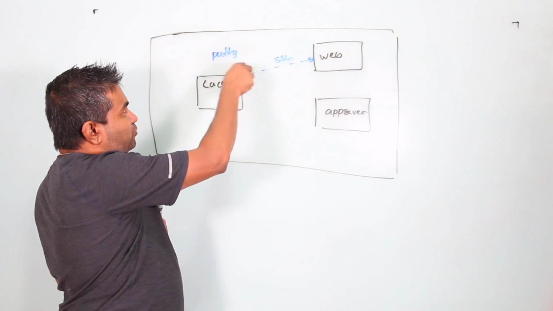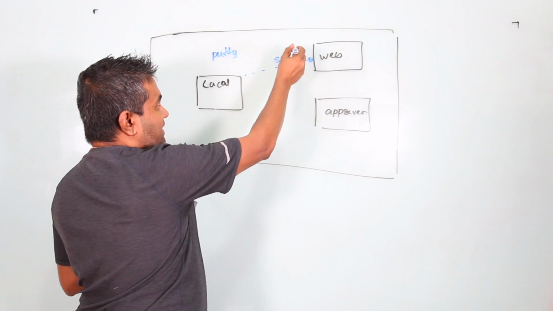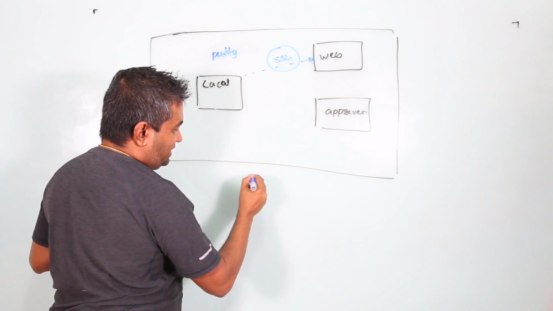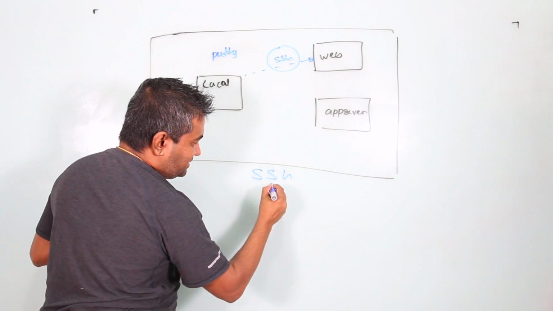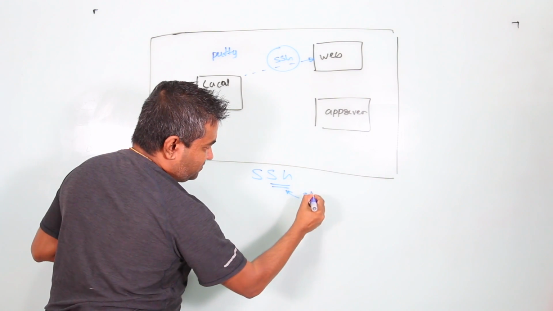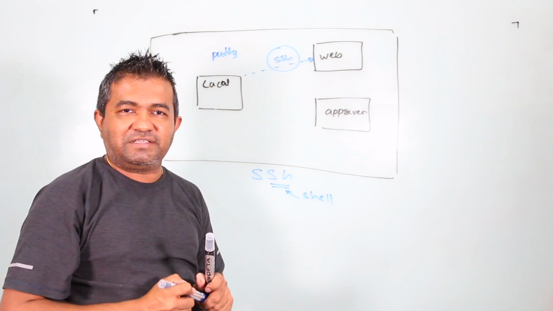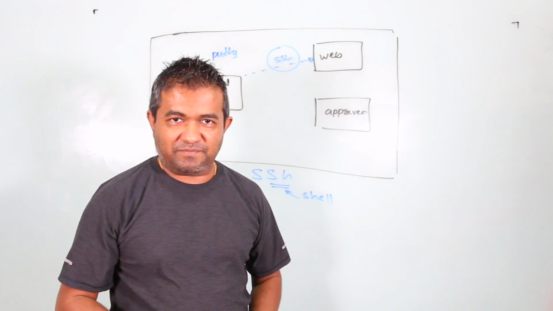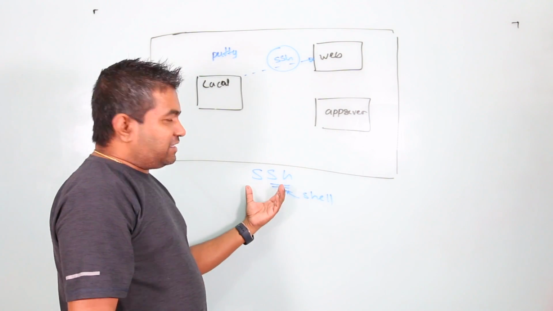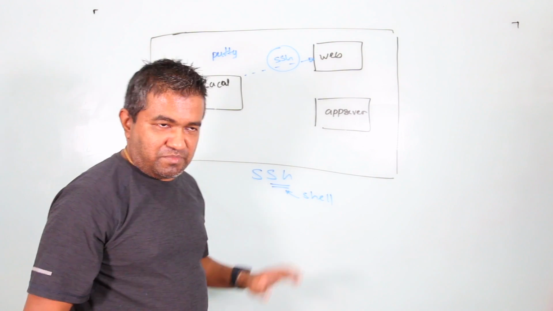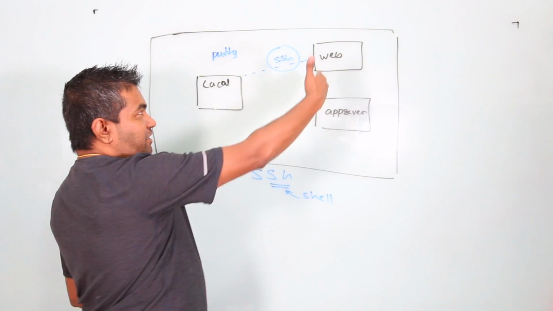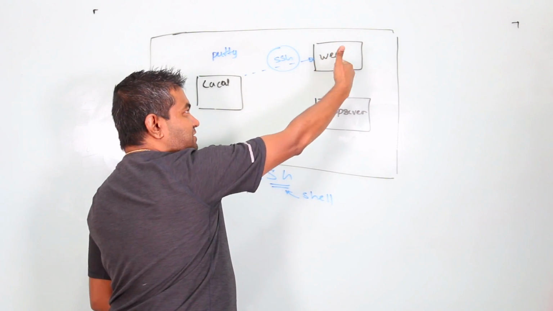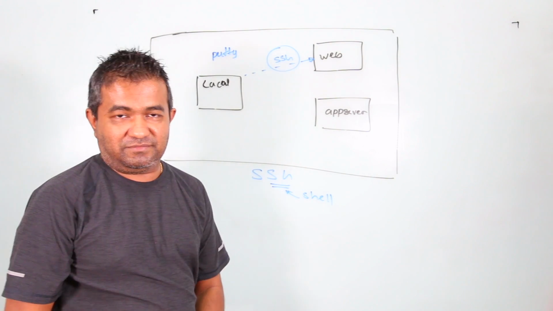What PuTTY does, especially with SSH, is this: the SH part means shell, and the S means secure shell. So connecting through SSH means you are virtually bringing this server's shell into your machine.